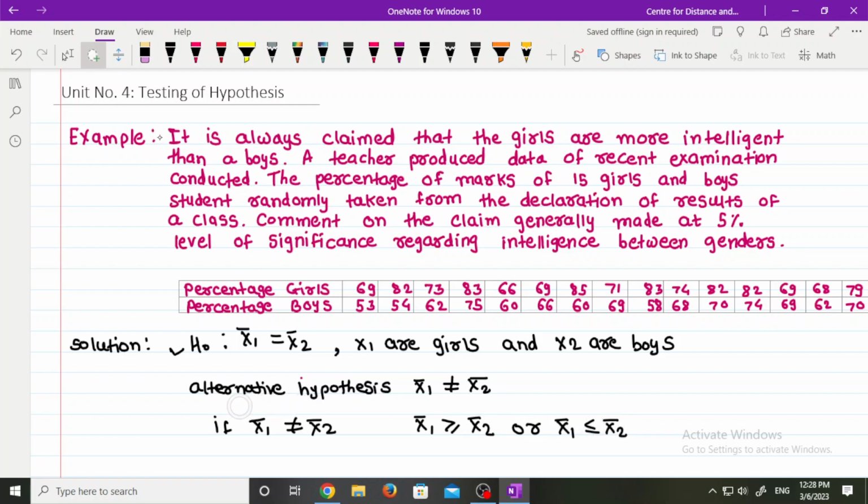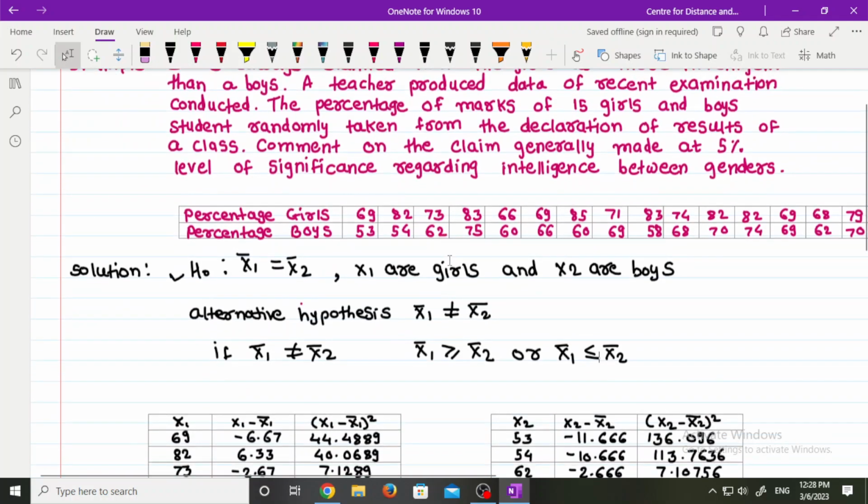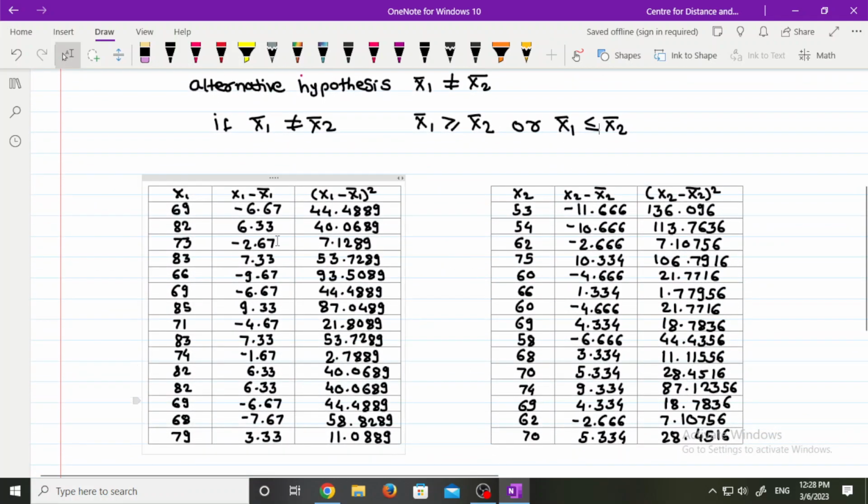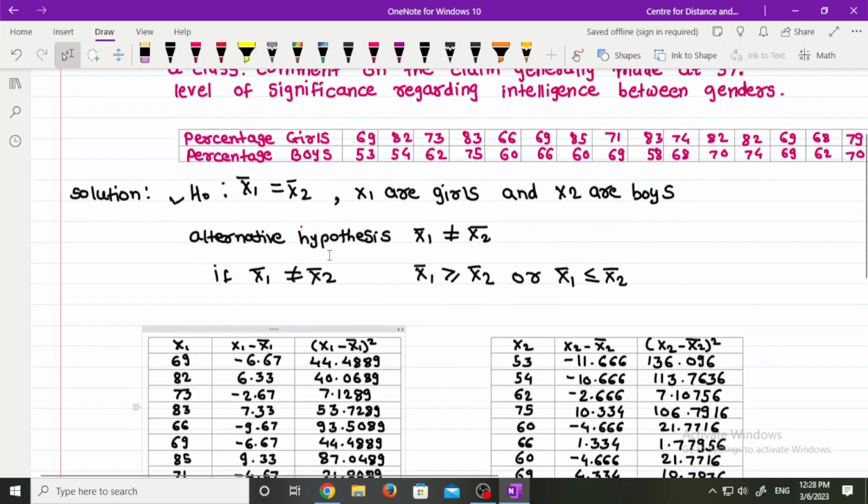This is our alternative hypothesis, that is, for x1 bar not equal to x2 bar, either x1 bar is greater than x2 bar, or x1 bar is less than x2 bar. Then for this we have to construct a table.